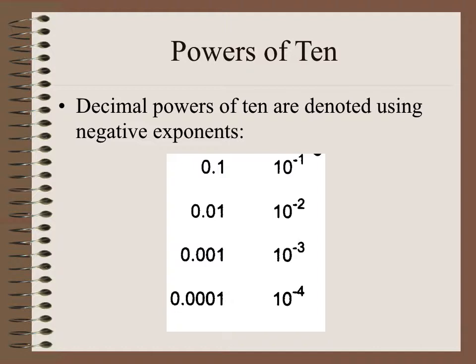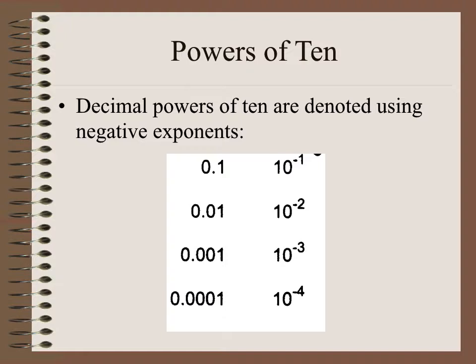Note also that the number 10 is 10 to the first power. 10 to the negative first power is 1/10. If we take a look at the second one, 0.01, that's 1/100th. 100 is 10 to the second power. 1/100th is 10 to the negative second power.